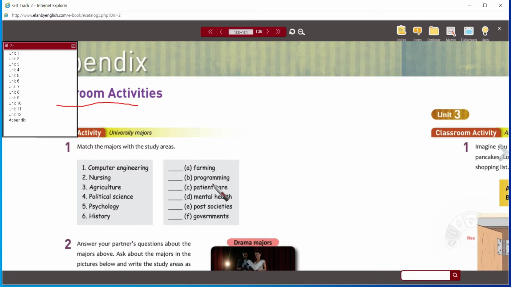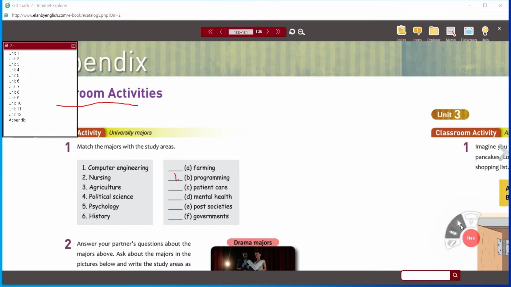So what are the study areas for those? For computer engineering, I think the answer is programming. Okay, good. There's number 1. So I'll let you and student B finish your matching activity, and then we will continue with that.